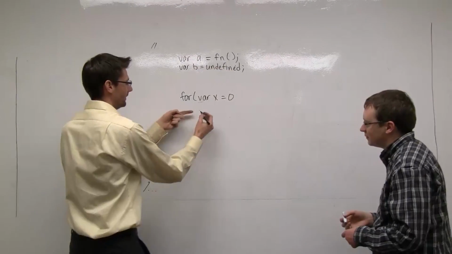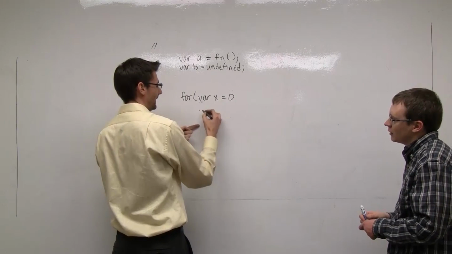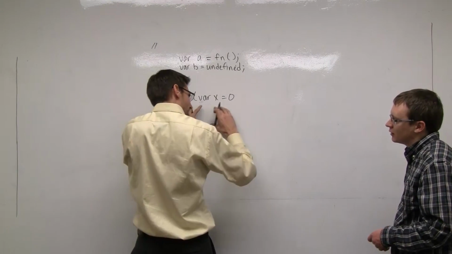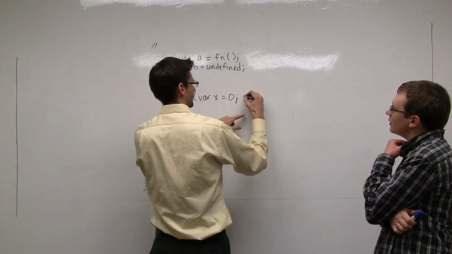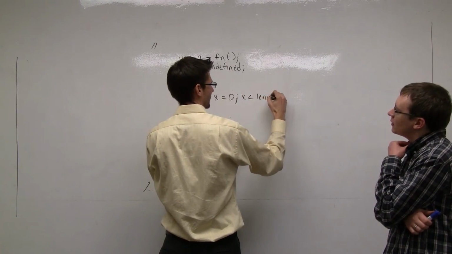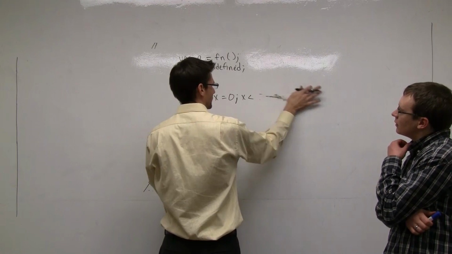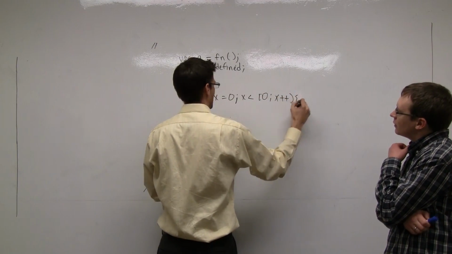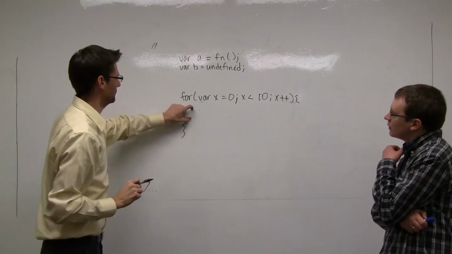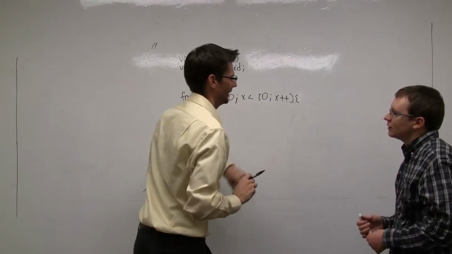People assume that this x is just inside the scope of this for loop, and it's not. So we'd say x is less than some length, or let's just do 10 to give you the point, and then x plus plus. People assume that it's block scoped and that x is only defined in here, but it's not.